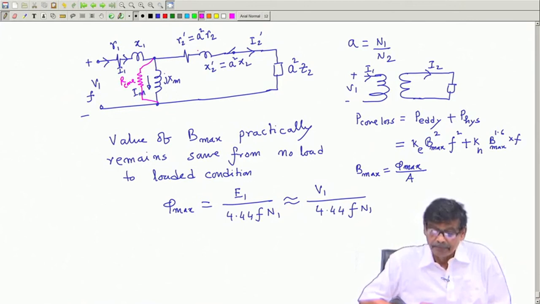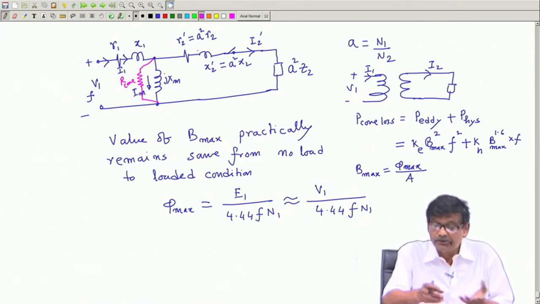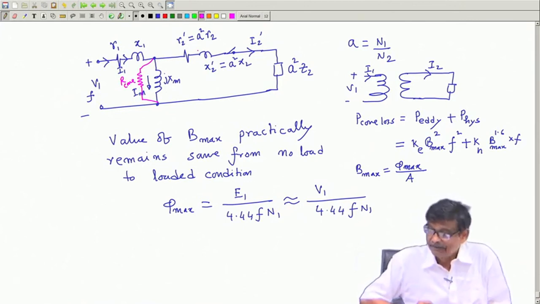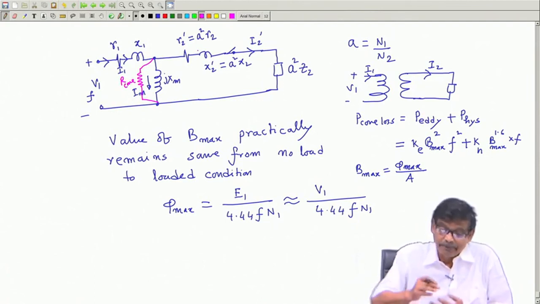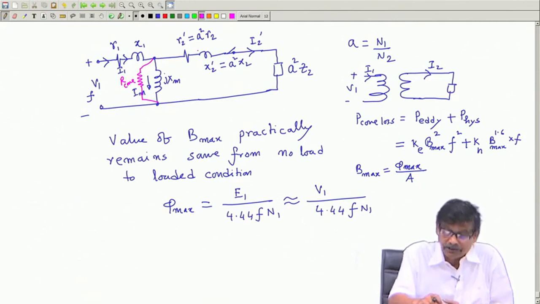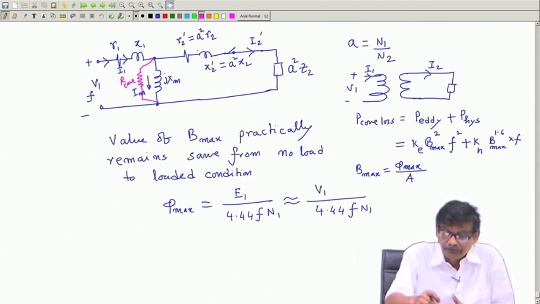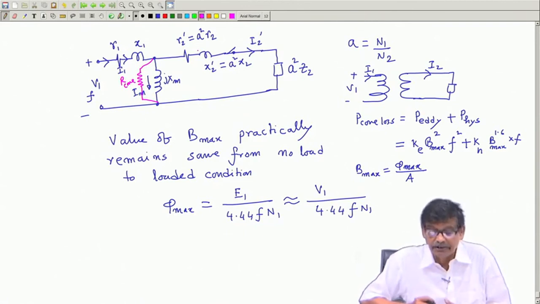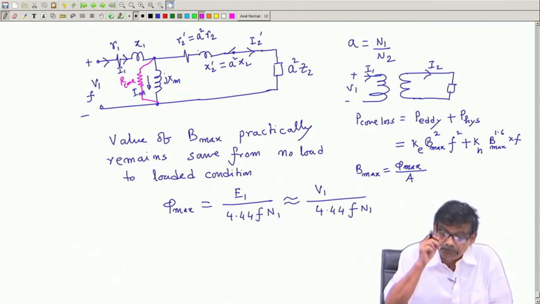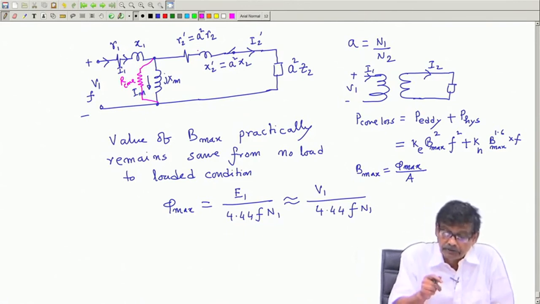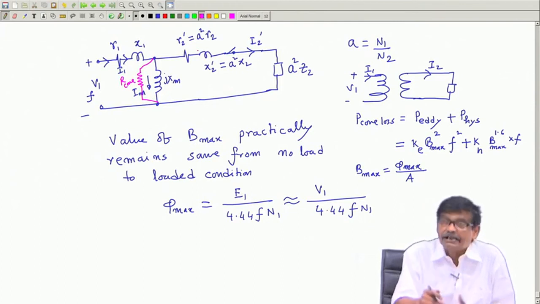And it certainly should not be in series, because it depends on B max, and B max is decided by this voltage across this impedance, Im, that decides B max. Therefore, the core loss resistance, which will represent core loss, must be shown connected in parallel with Xm.